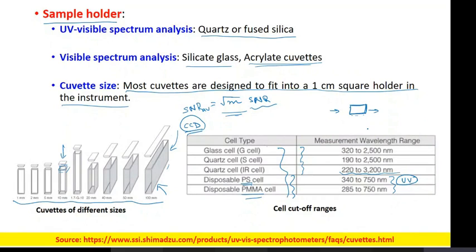So when you are putting it into the UV visible spectrophotometer, you have to make sure that it is in this direction, and these two surfaces which I am marking as red now, you are not supposed to hold the cuvette through these surfaces. This is a very important question. I have seen many students hold the cuvette through these two sides.